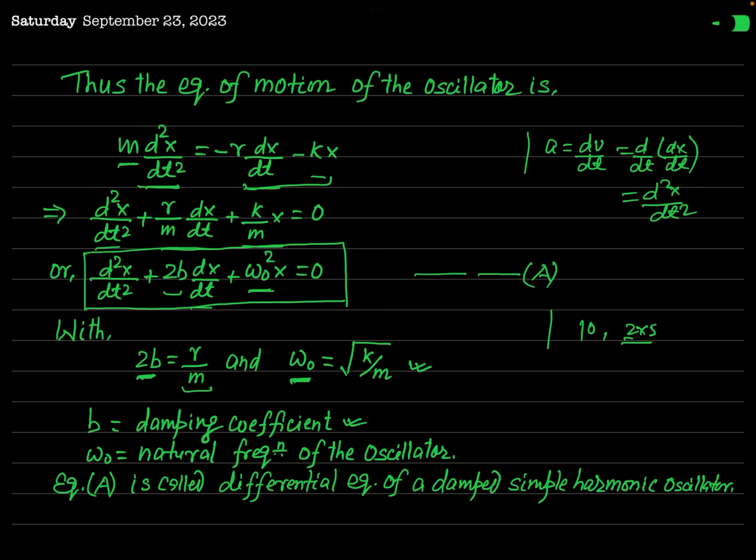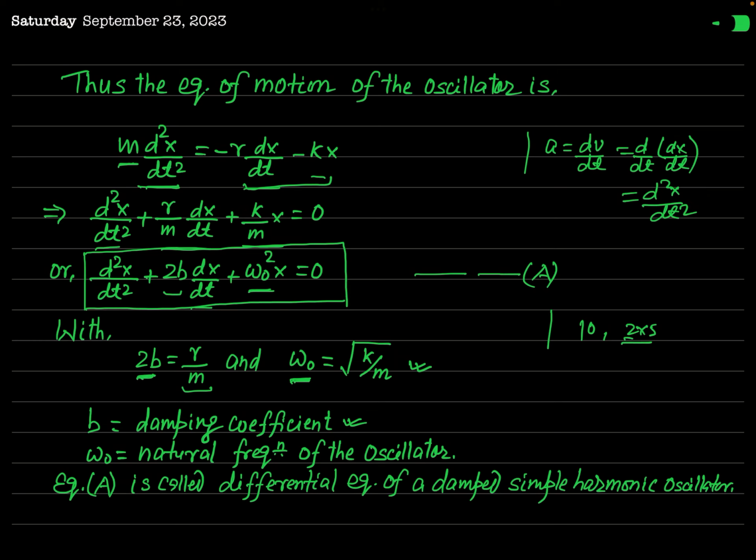Actually, this differential equation of second order is known as the differential equation of a damped harmonic oscillator, or damped harmonic oscillation with 1 degree of freedom. Here there is only one independent variable, that is t, on which our dependent variable x depends, and so it is the equation of motion of a damped harmonic oscillator with 1 degree of freedom.